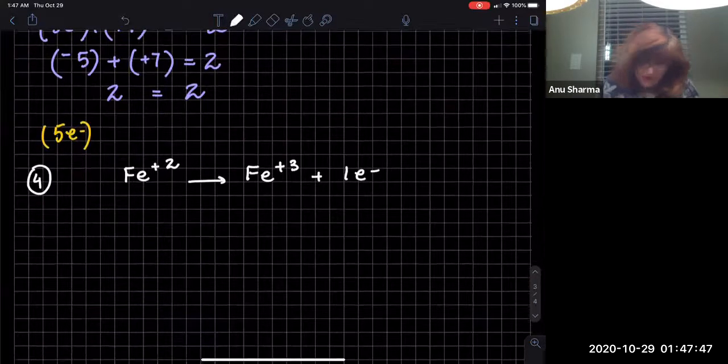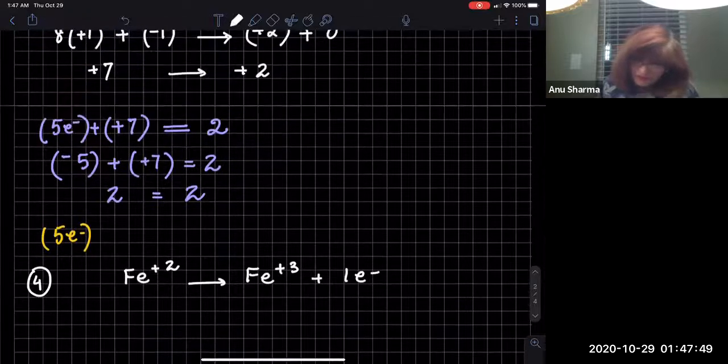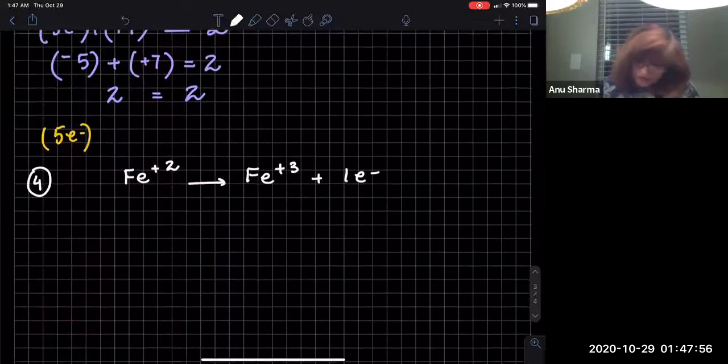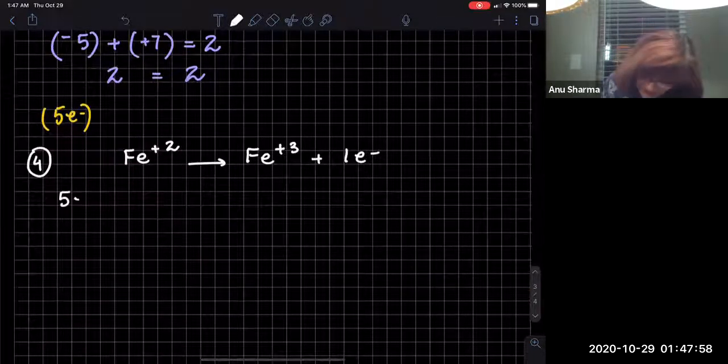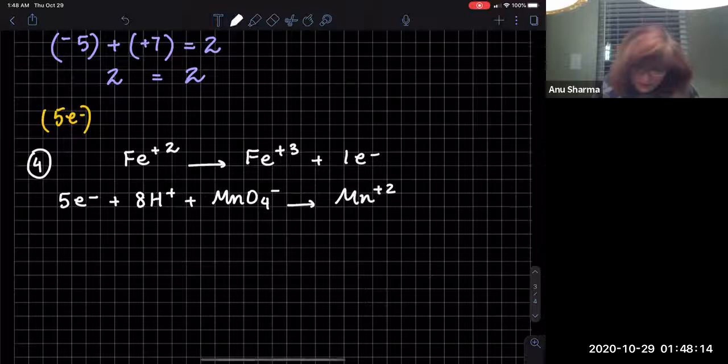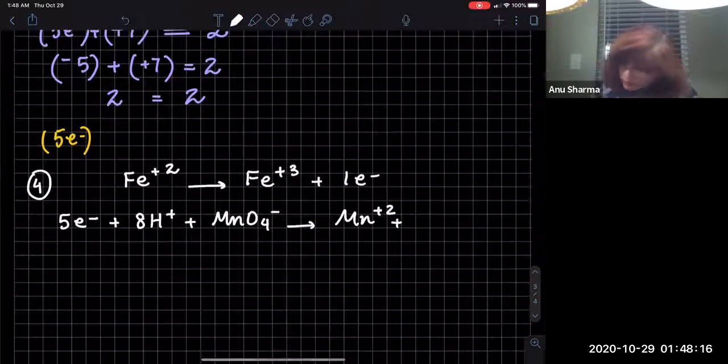That's one story. Next you're going to look at what you did here. You added 5 electrons here. So you're going to write down 5 electrons plus 8 hydrogens, all aqueous, plus the MnO4 1 negative, giving you Mn plus 2 plus 4 H2O.